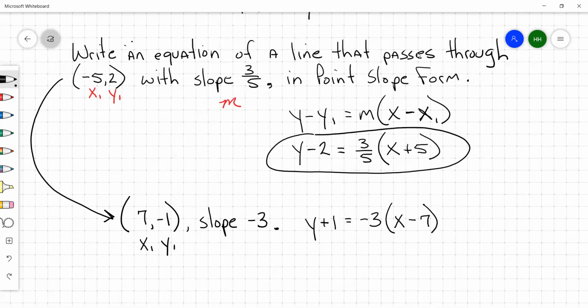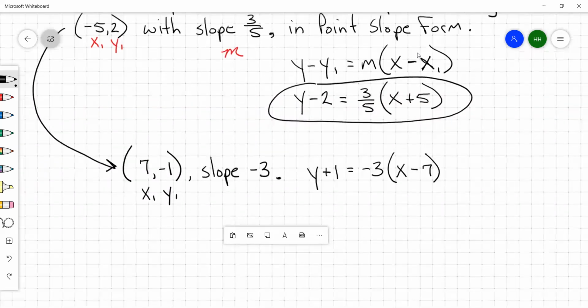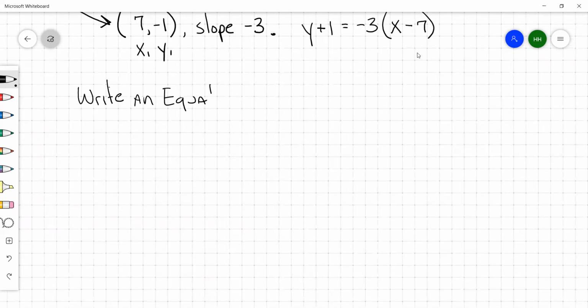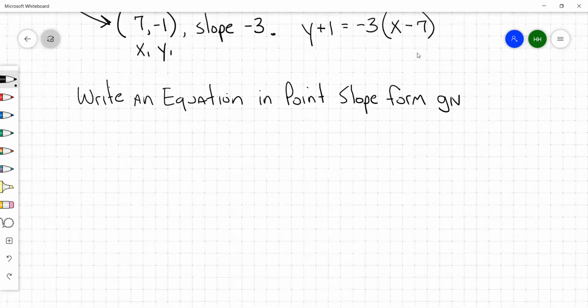Okay. Now we are going to write an equation in point-slope form given 2 points.